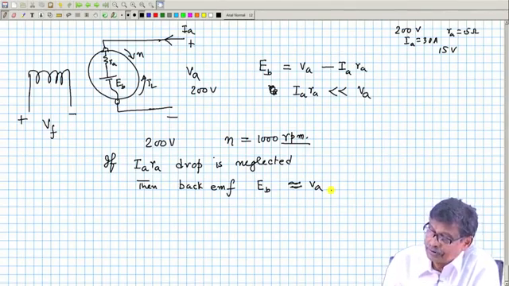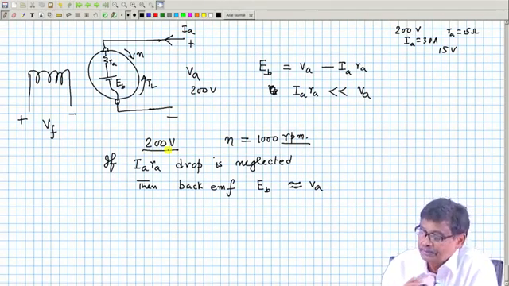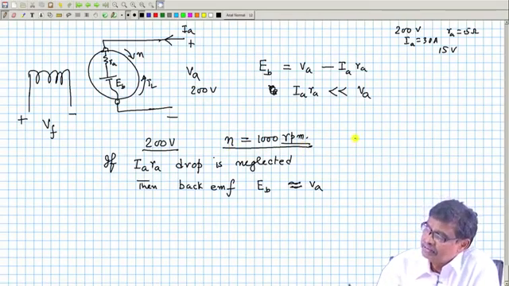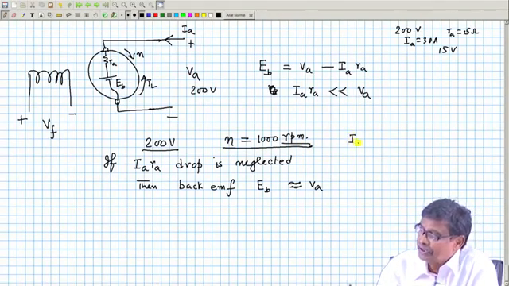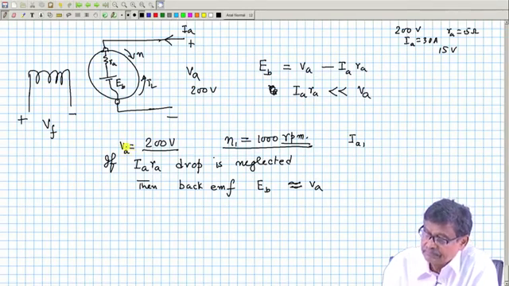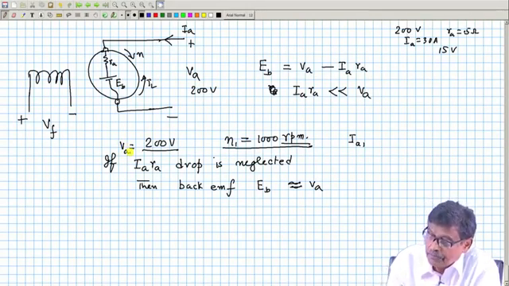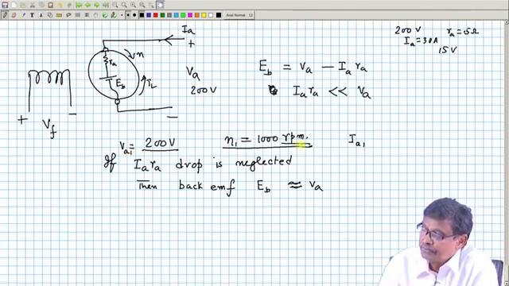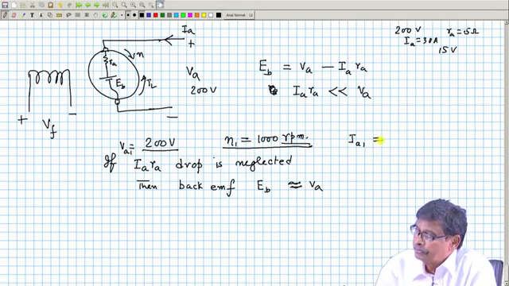So, suppose 200 volt is the supply, machine is running at 1000 RPM, and suppose the machine is drawing a current, this is N1, this is VA1, N1 1000 RPM, and IA1 is suppose 15 ampere.